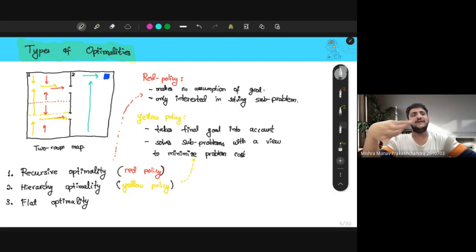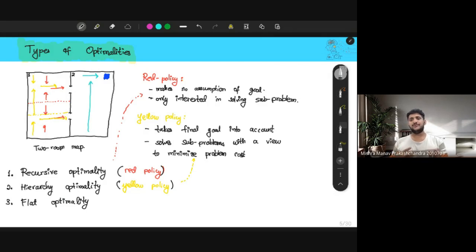It is simply trying to optimize on the problem cost without considering any hierarchy in mind. If it finds any shorter path that tends to skip in between steps, it will do that. It is trying to find the best, or the global optimum, solution. This is what flat optimality does. Okay, but that comes with a set of problems, and we had discussed that in the previous two slides, right?